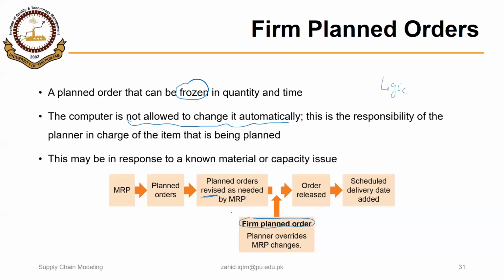It is now up to the planner when to release the order or make some changes in the order. So we have bypassed the logic of MRP. That is called a firm planned order.